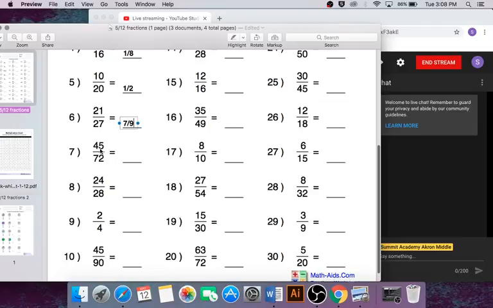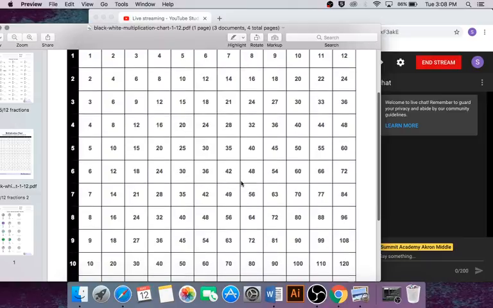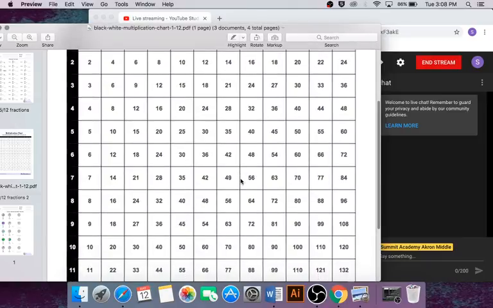For number 7, we have 45 and 72. So we're going to look for 45. 5 goes into 45. 5 doesn't go into 72 though. 6 goes into 72, but not 45. 9 goes into 45 and 72.